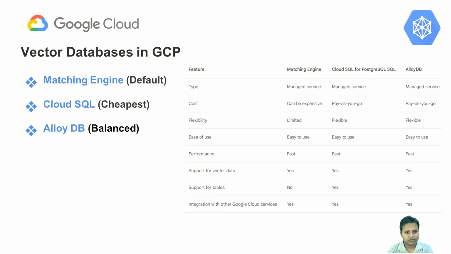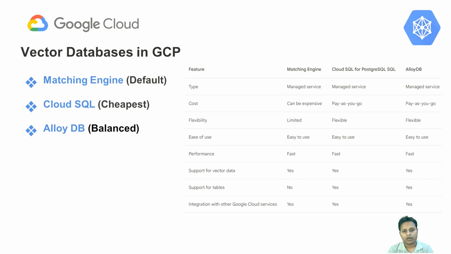So as you can see on this particular presentation, there are 3 vector databases in GCP that we can consider, with the recent upgrades that happened for AlloyDB and even for CloudSQL as well. By default in GCP, Matching Engine is what we use for a vector database.